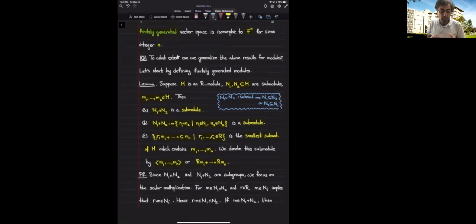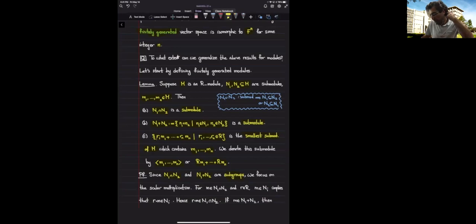The product of subgroups is not necessarily a subgroup, but when the group is abelian, it is going to be the case. In fact, if one of them is a normal subgroup, then the product would be a subgroup as well. In any case, we are in the abelian setting, so we don't need to discuss that anymore. From group theory, we know that the intersection and summation of two subgroups are still subgroups.